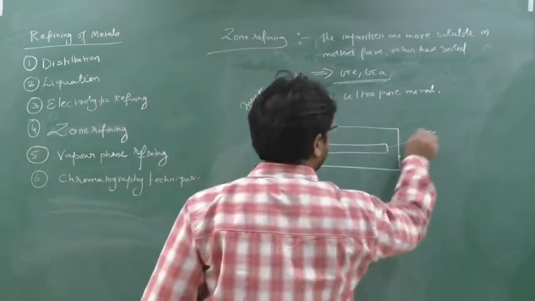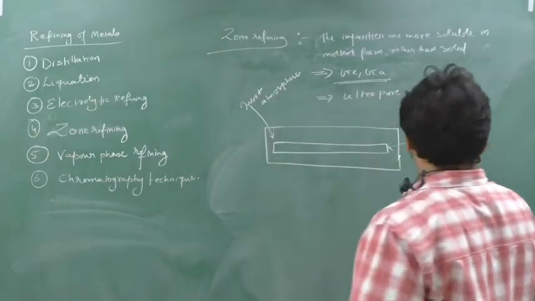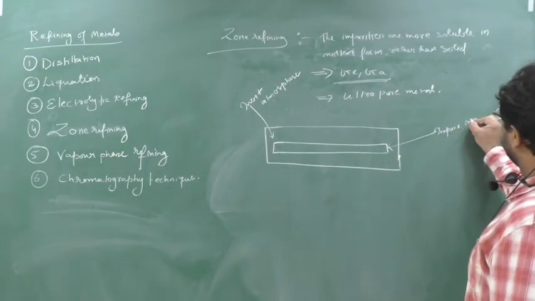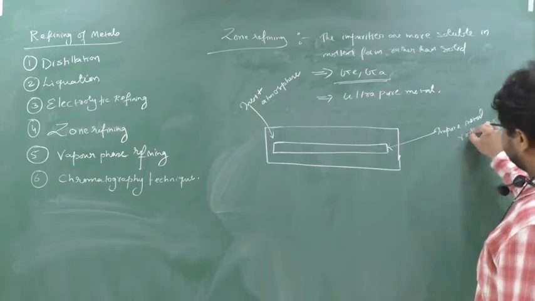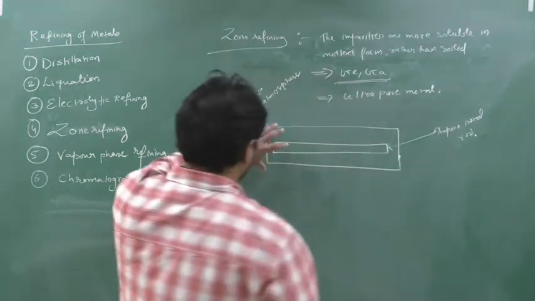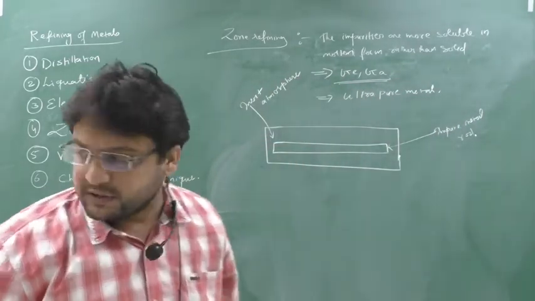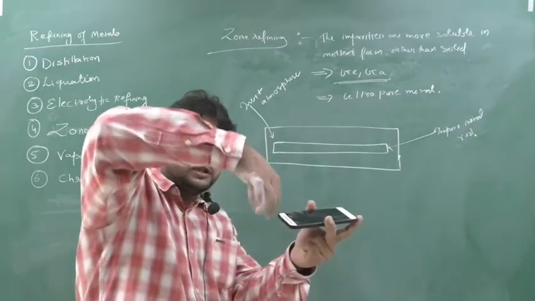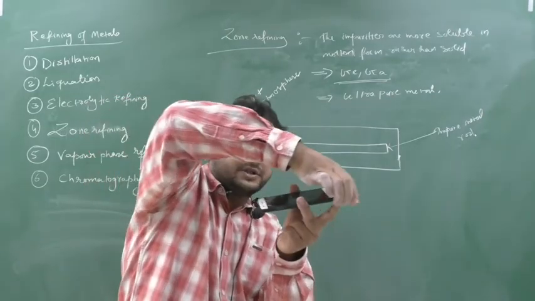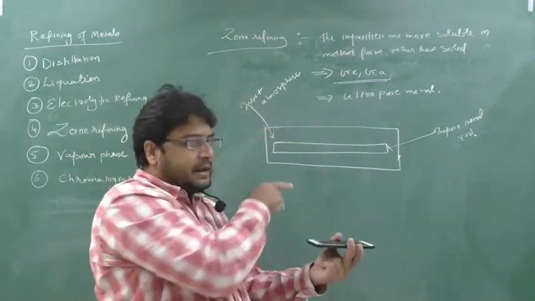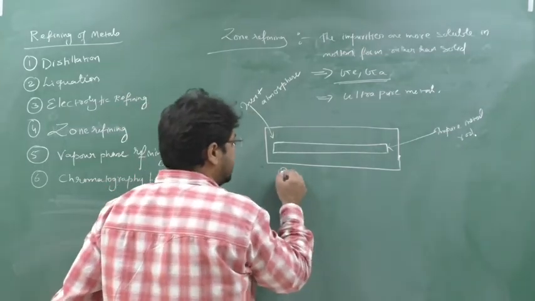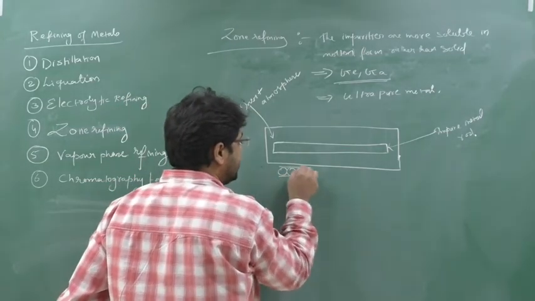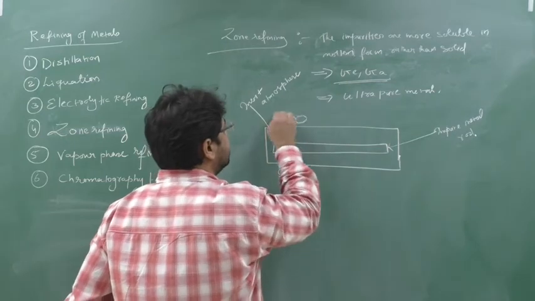See, this is an impure metal rod, and on this a circular heater is placed. Here I cannot show a 3D diagram, so I am showing the heater outside. These are movable heaters.